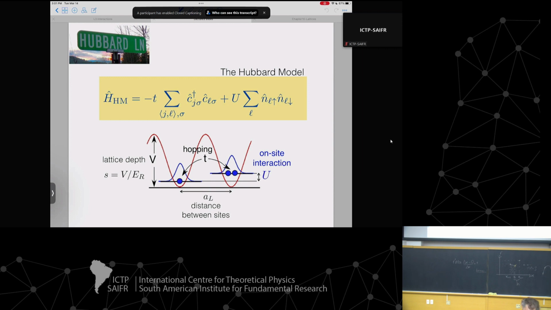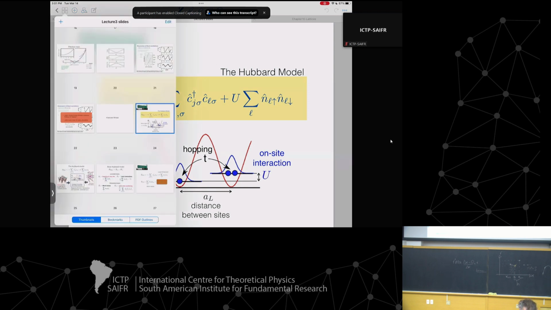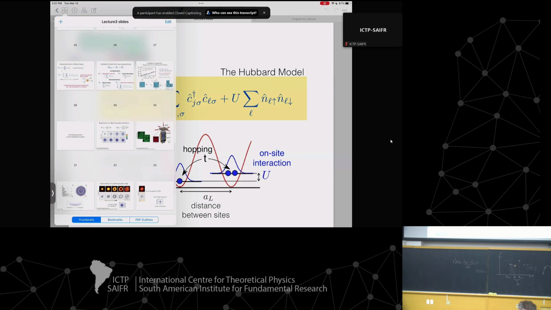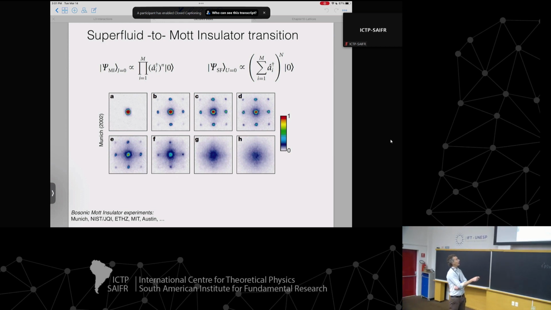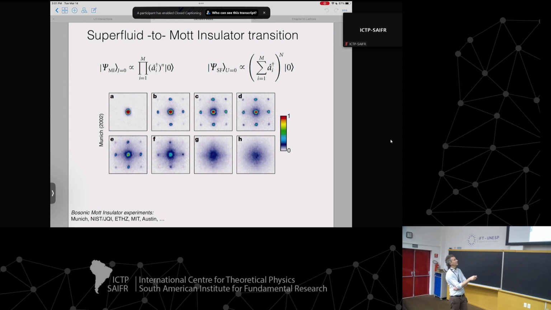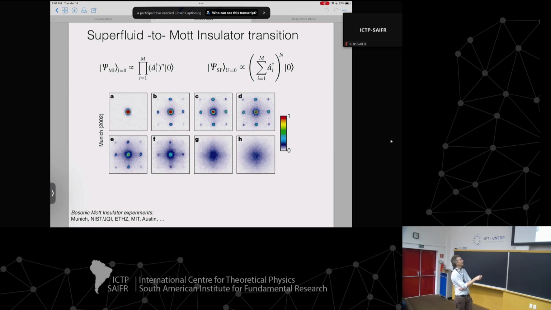you can observe this in the lab. Let's see, do I want to tell you about anything else before I show you that? No, why don't we just talk about that? So here's an example of that kind of transition, where in this first picture here, sorry this isn't well labeled, this is just some data from a famous paper.